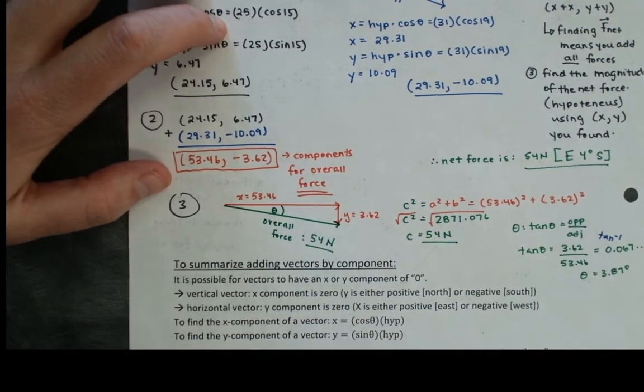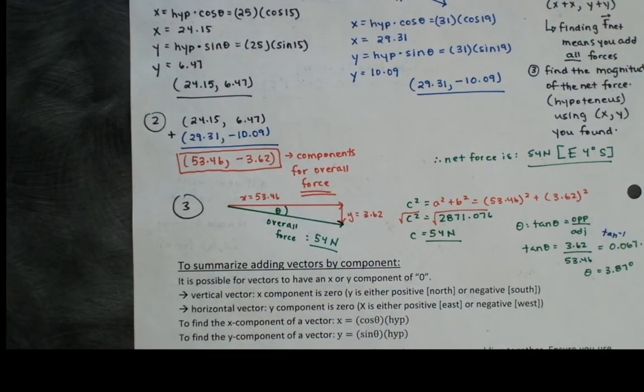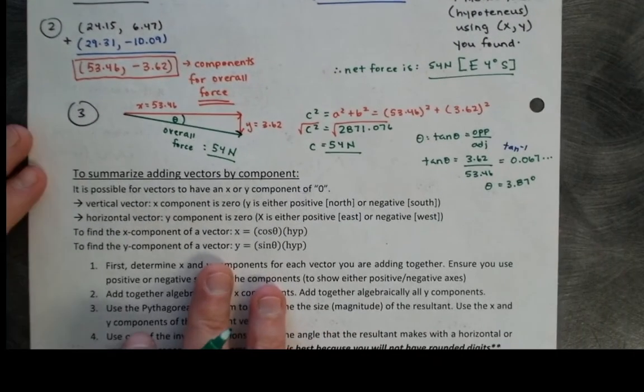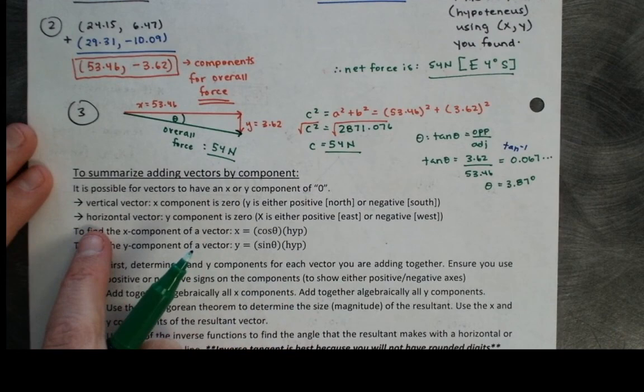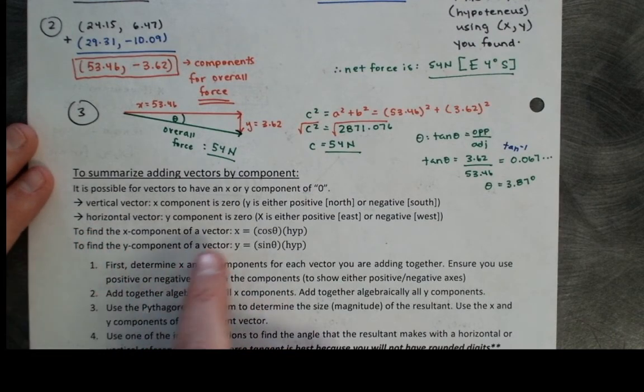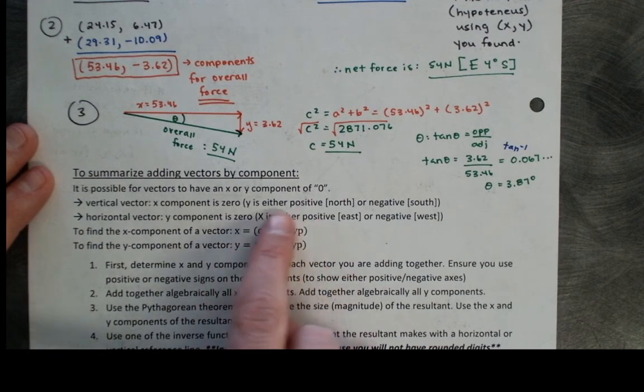All right, this was a really big lesson. I'm going to give you a few days to work on it. I might actually even break up the daily task into smaller sections. But basically to summarize, you need to be able to find vector components. So you need to be able to find the x component and the y component for a vector. These are the formulas.